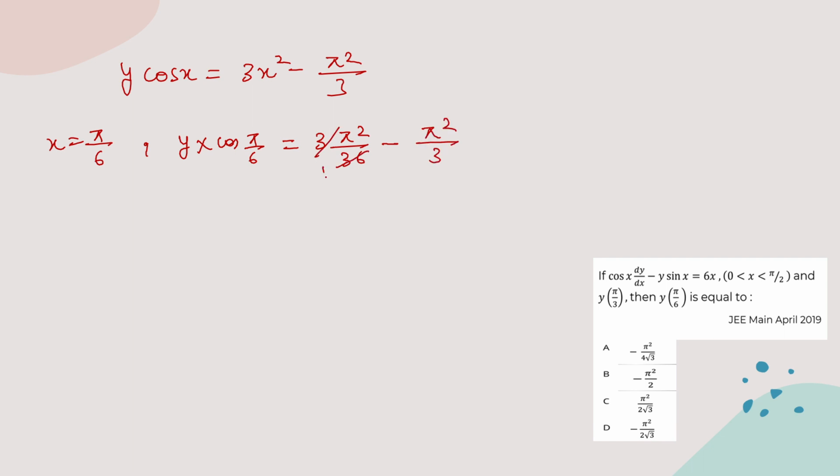So this then this will be cancelled out, and finally you will be getting from here the value of y as minus pi square by 2 root 3. Okay, so according to it your option will be D. D option is correct. Is it clear? D is the correct. Good, Nishti.